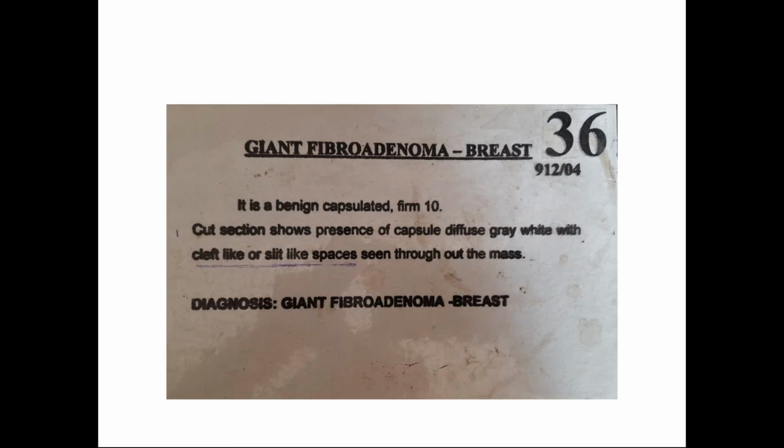So it is a benign encapsulated firm lesion, and on cut surface we will see predominantly a well circumscribed capsule and a grayish white lesion with slit-like or cleft-like spaces.